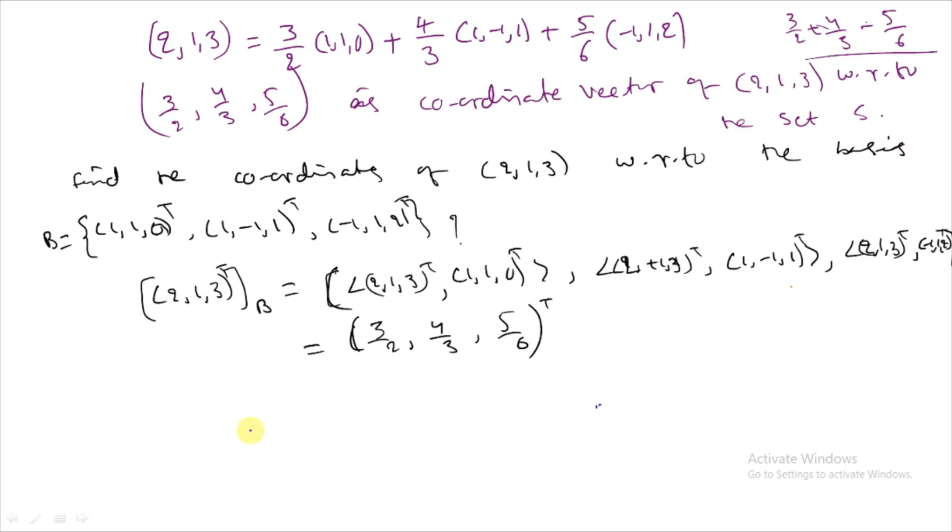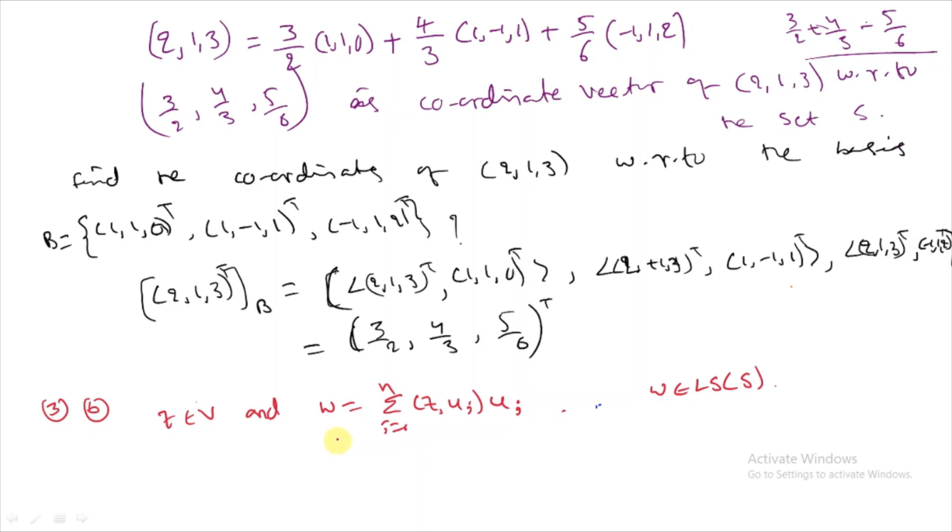See now, the last, the third part: given Z belongs to V, we define W equal to the summation i equal to 1 to n of Z comma Ui into Ui. W is in the linear span of S, where Ui are vectors in S.